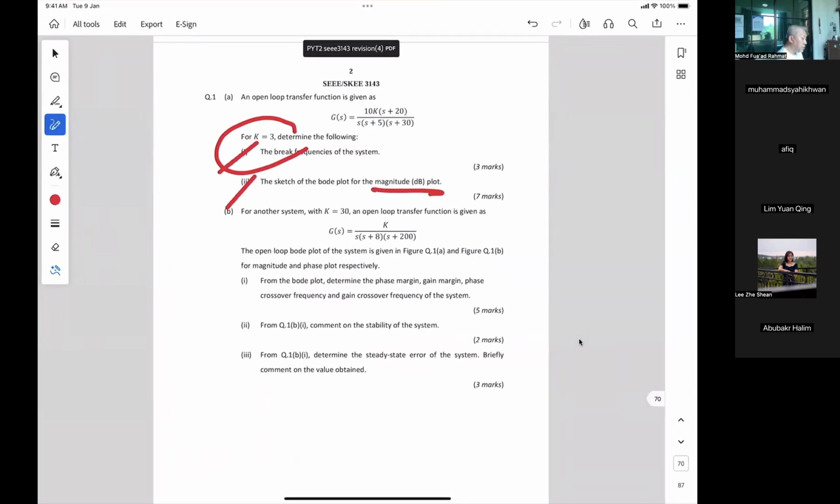Then we move to another system where K is equal to 30. Bode plot is given. Then find the gain margin, phase margin, comment on the stability, and determine the steady state error.